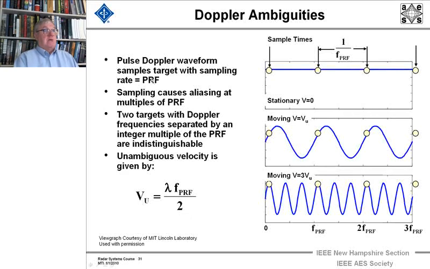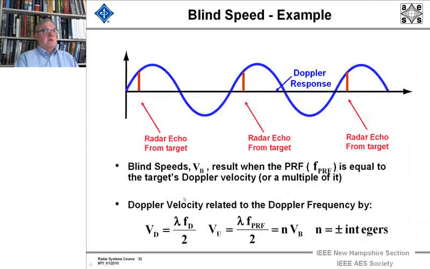Okay? And this sampling causes what we talked about before, aliasing at multiples of the PRF. To reiterate, 2 targets with Doppler frequencies separated by an integral multiple of the PRF are indistinguishable in and of themselves, given that set of pulses. But we can do things to deal with it. We'll get to it in a minute.